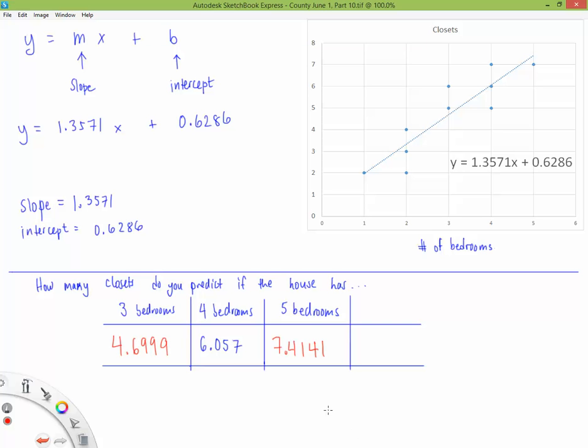Do you guys need another minute? So I've already filled in the numbers, but see if your numbers match mine. Basically I just said if the house has 3 bedrooms, how many closets do you predict? If the house has 4 bedrooms, how many closets? If the house has 5 bedrooms, how many closets? So this would be the predicted closets.